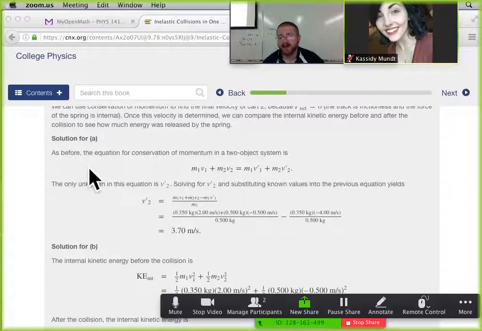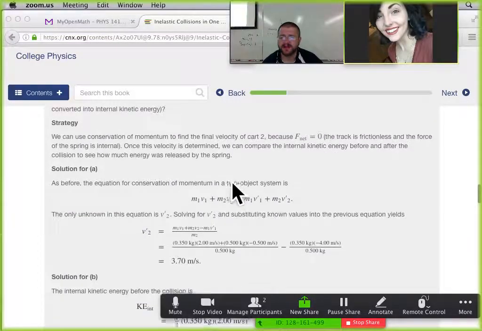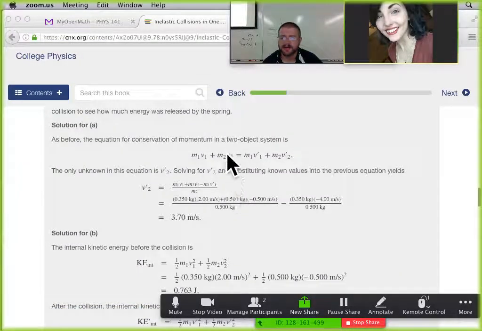So, conservation of momentum. We have, let's see, they're using this one. So this is not an inelastic collision here because the masses aren't combined on the final, right? So we would just treat it like an elastic collision, right?